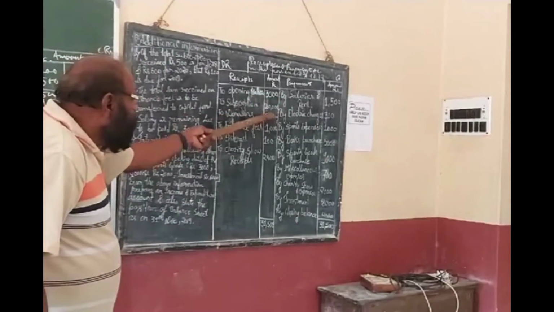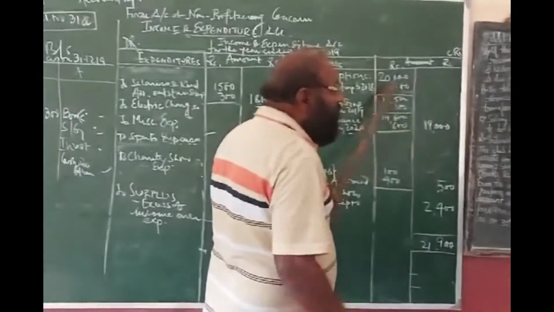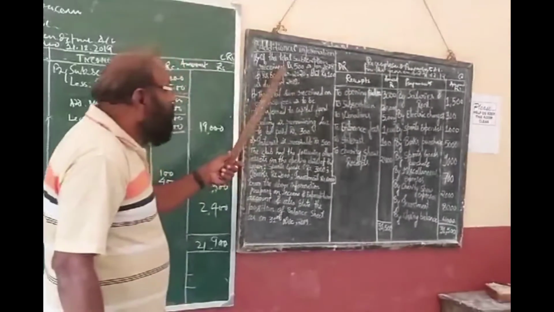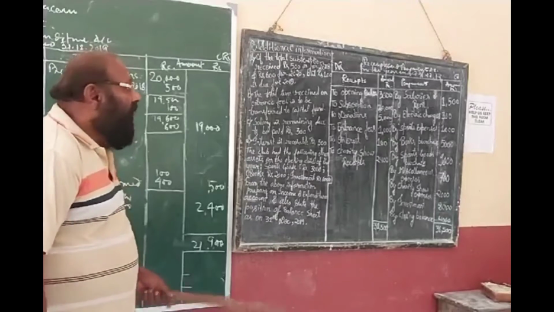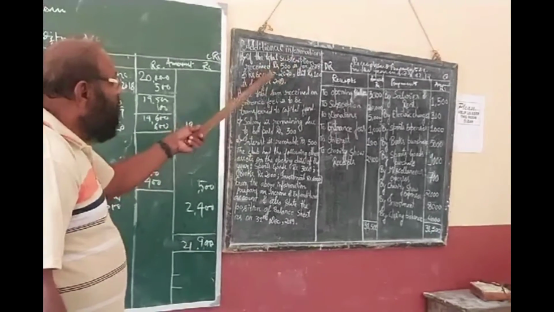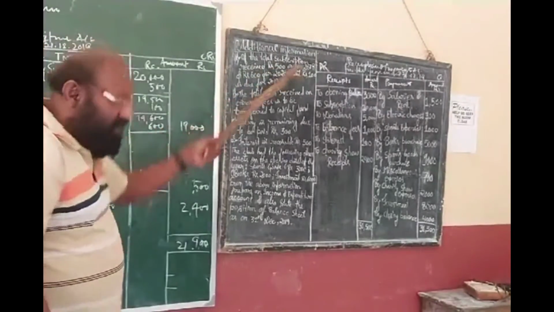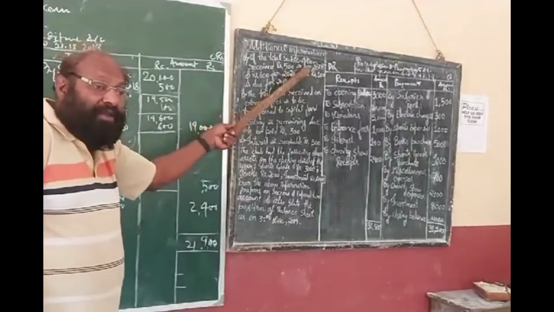Now subscription 20,000. Clear? Subscription is an income and it has been shown over here. But some information has been given. We are considering the year 2019. Of the subscription received, rupees 5,000 is for 2018. So it relates to the previous year.